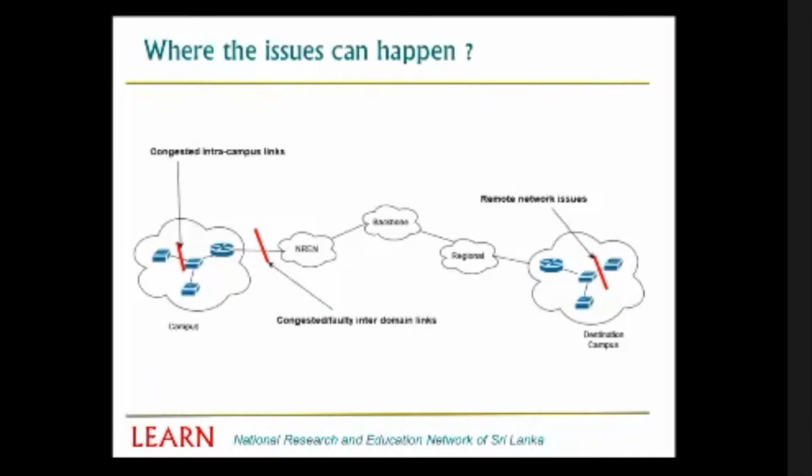So where can these issues happen? Normally when we access remote networks, we pass through several types of networks.